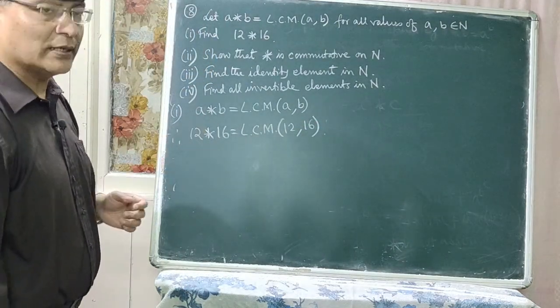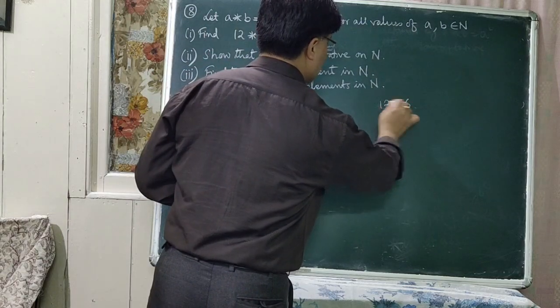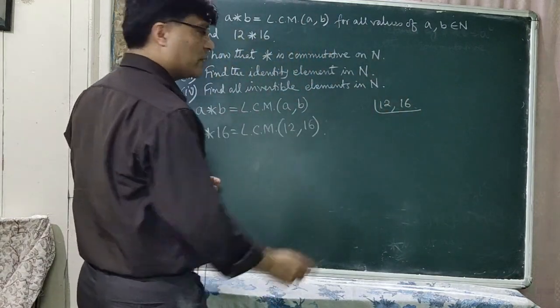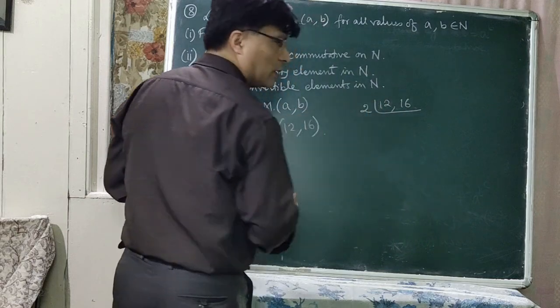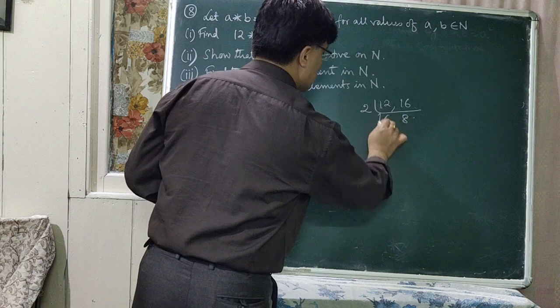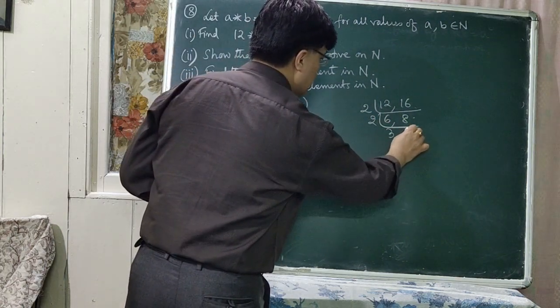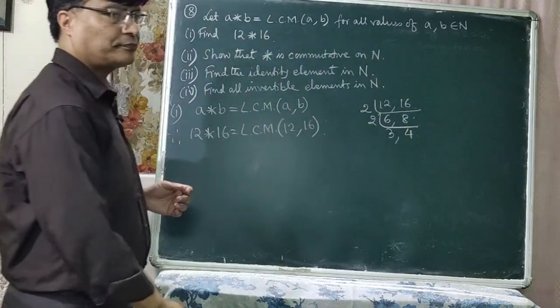So you know how to get the LCM of 12 and 16, isn't it? So 12 comma 16. First of all, 2. You can divide it by 2. 2 6s are 12, 2 8s are 16. Again, you can divide it by 2. 2 3s are 6, 2 4s are 8.